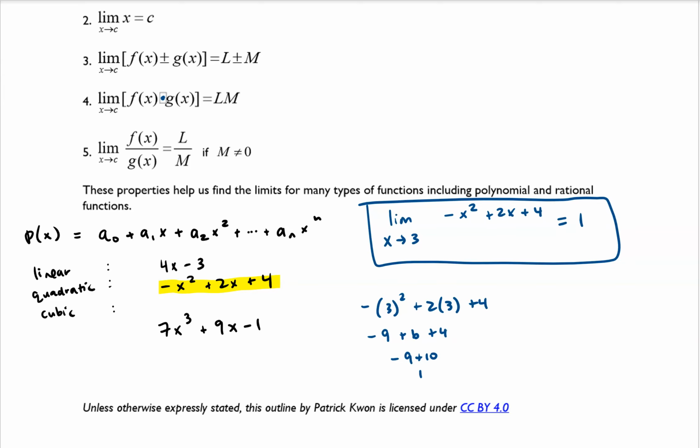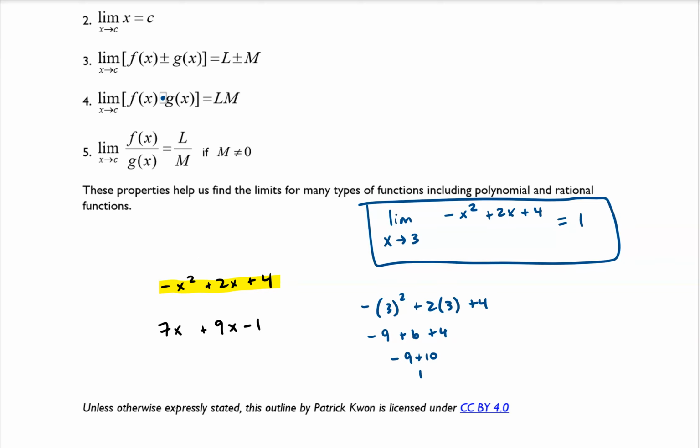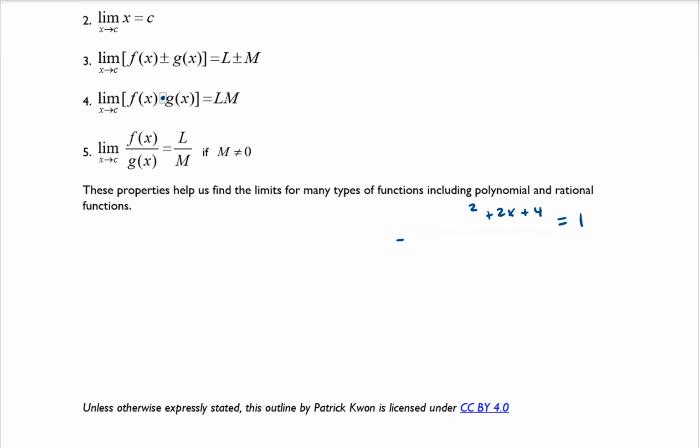And similarly for rational functions, if you don't remember what a rational function is, a rational function is just a function where you have a polynomial divided by another polynomial that's not 0.